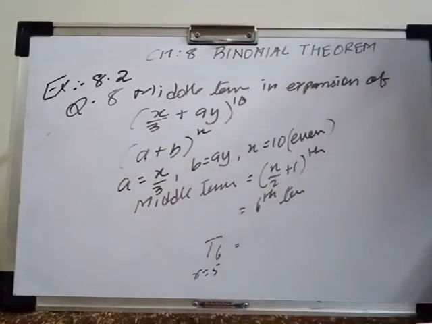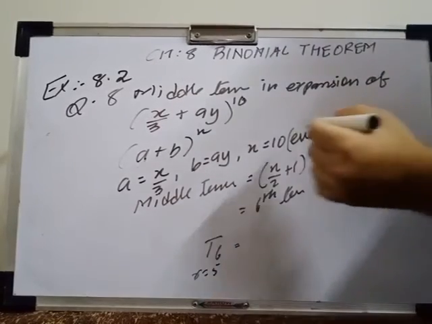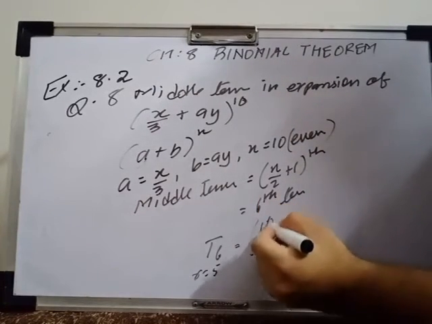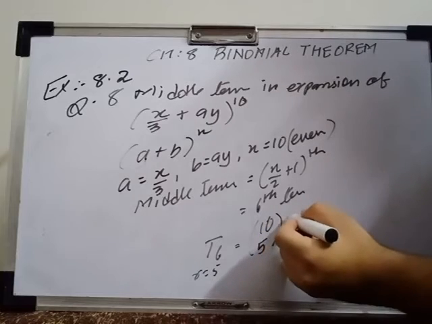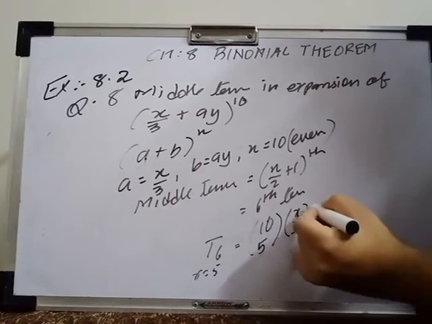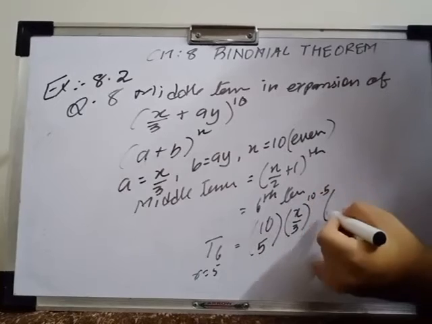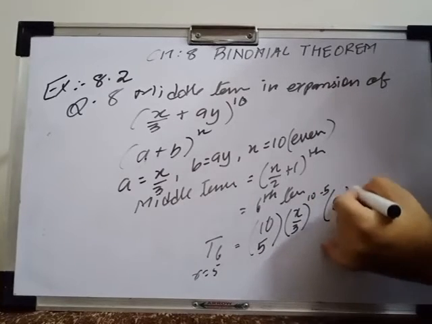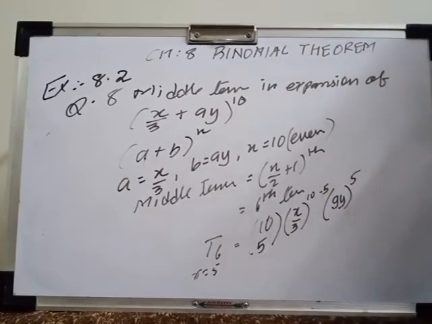We will apply the general formula, n combination r, a raised to n minus r, b raised to r. Right.